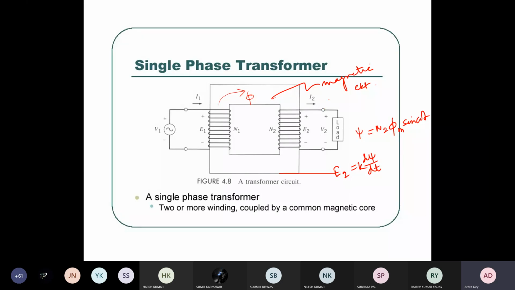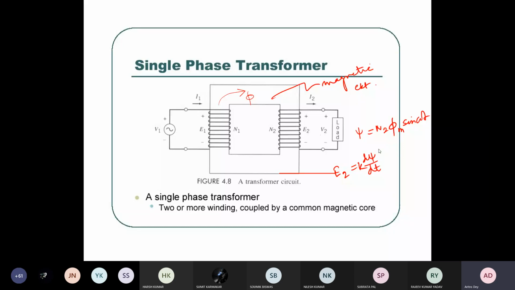Whenever you do not have any load, only the current required to create this phi is needed, and for that a negligible current I1 is required. But whenever you connect a load in the secondary, that load will demand current, so that will be drawn from the supply, because it is connected through the magnetic circuit. If you are drawing more I2, then definitely that has to be supplied by this source, and I1 is doing that. So I1 will have two components: one is your magnetizing current, plus the current demanded by the load.